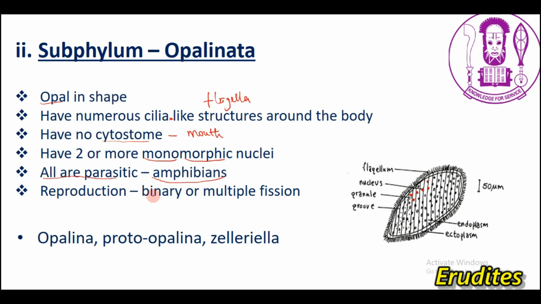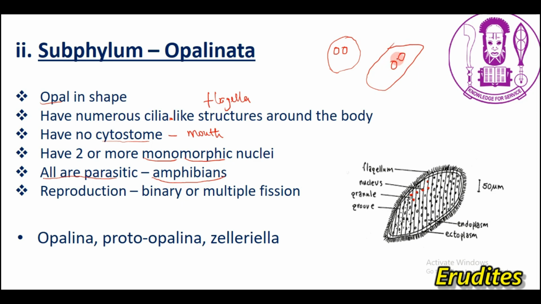Also, reproduction in this organism is by binary or multiple fission. So let's say this is the cell of the organism. Like we said, they have two or more nuclei. So let's assume that this Opalina has two nuclei.